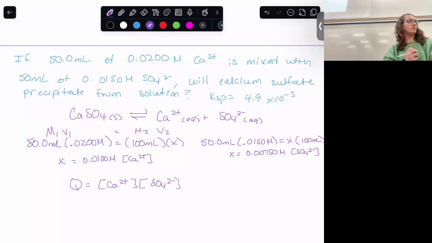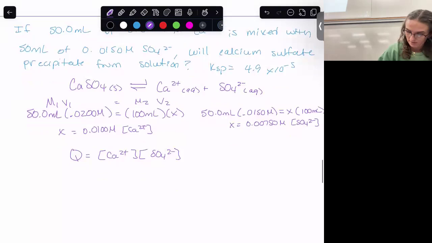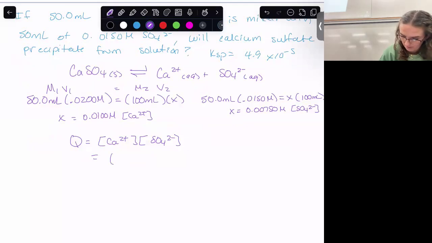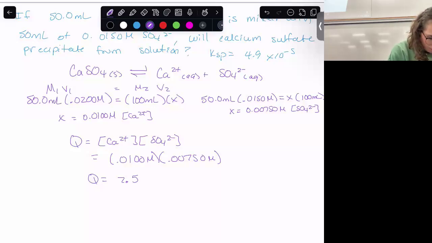Do we know the concentrations of both of those? We do. So we have 0.01 molar and we have 0.0075 molar, and we end up with 7.5 times 10 to the negative 5 as Q. How does that compare to K?